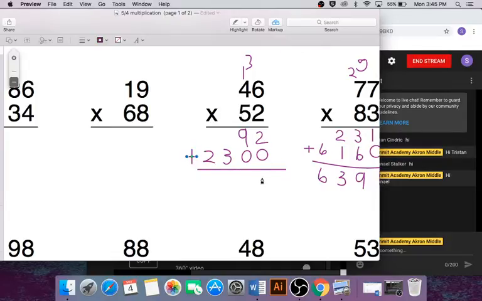So 2 plus 0 is 2. 9 plus 0 is 9. 0 plus 3 is 3. And then 0 plus 2 is 2. So our answer is 2,392.